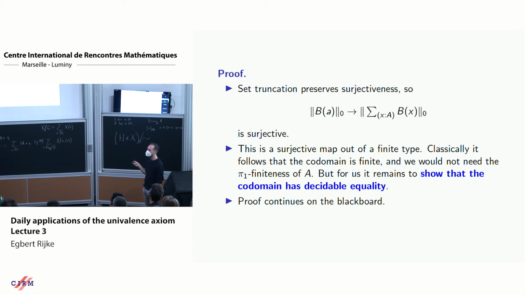And this is starting to look promising, because we have as an assumption that each B of A has finitely many connected components. And we have now a surjective map out of a finite type. So classically, we would be done here. We have a surjective map out of a finite type, and there's nothing anymore to show. But constructively, we still have something to prove.